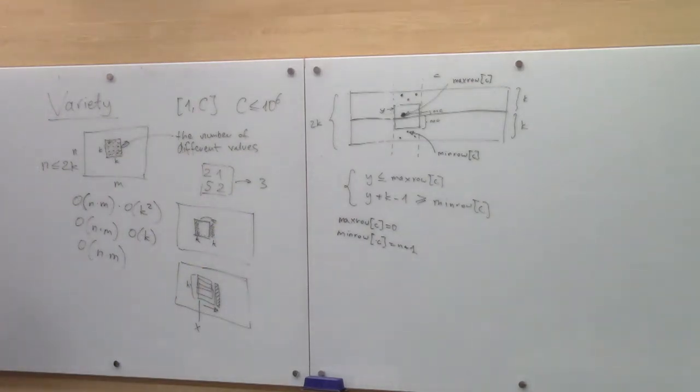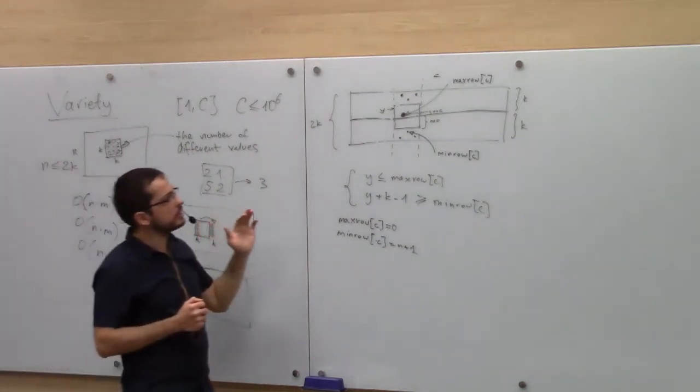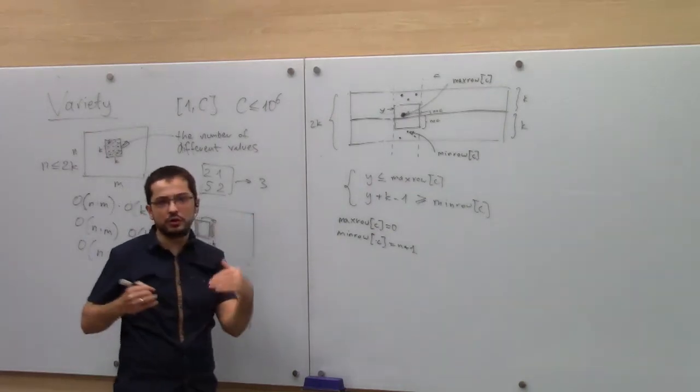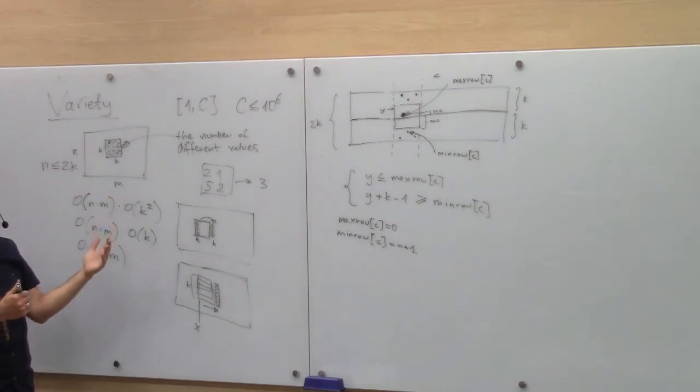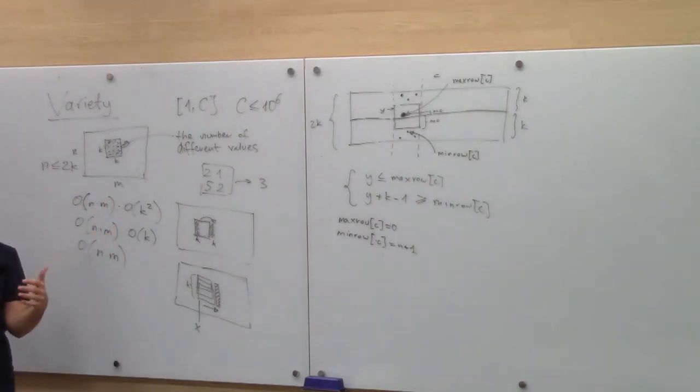And this is pretty interesting, because if we consider only one square, these inequalities can test whether it contains C or not, but we can do this in other ways.